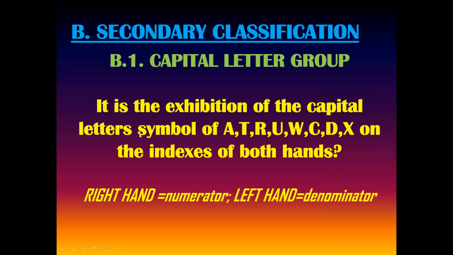Big letter symbols of A, T, R, U, W, C, D, X, corresponding to the 8 types of fingerprint pattern appearing on the indexes of our hands. The index finger on your right hand will serve as the numerator, and the index finger on the left hand will serve as your denominator.